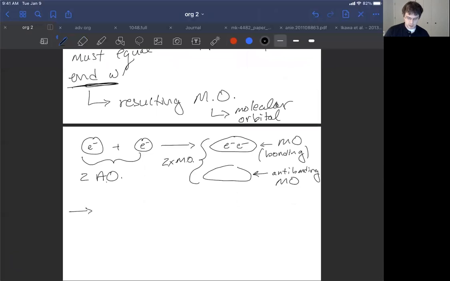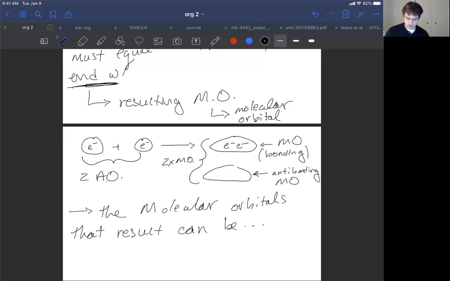So the orbitals, the molecular orbitals, I'm going to write that out just so we'll use the abbreviations in the picture. But the molecular orbitals that result can be bonding molecular orbitals.